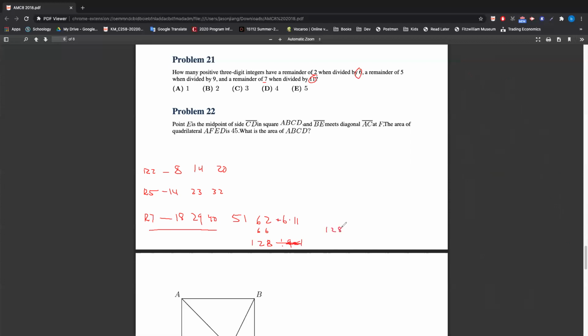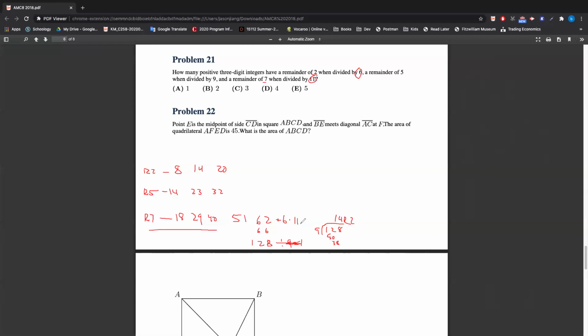Because 128 divided by 9 is 12. Nope, not 12 remainder 2. Let's just do long division. There we go, 14 remainder 2. Okay, so we've got to keep going.